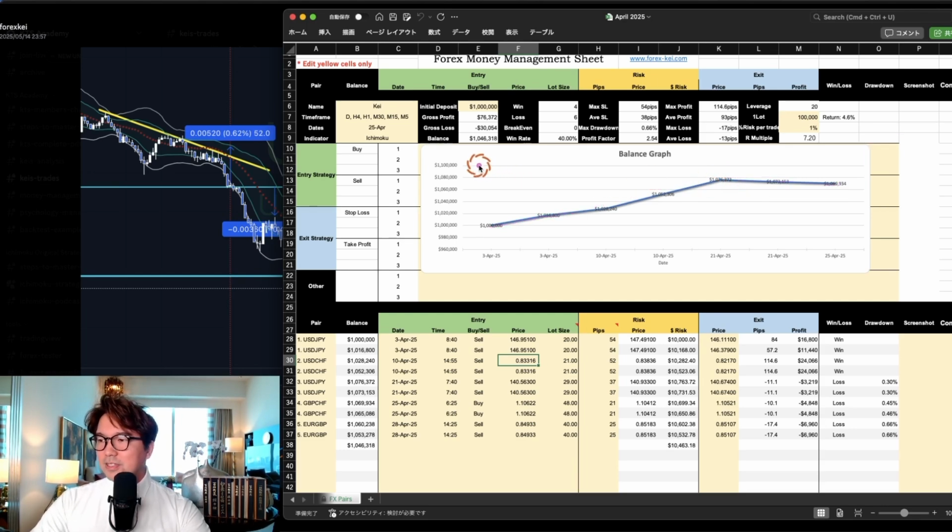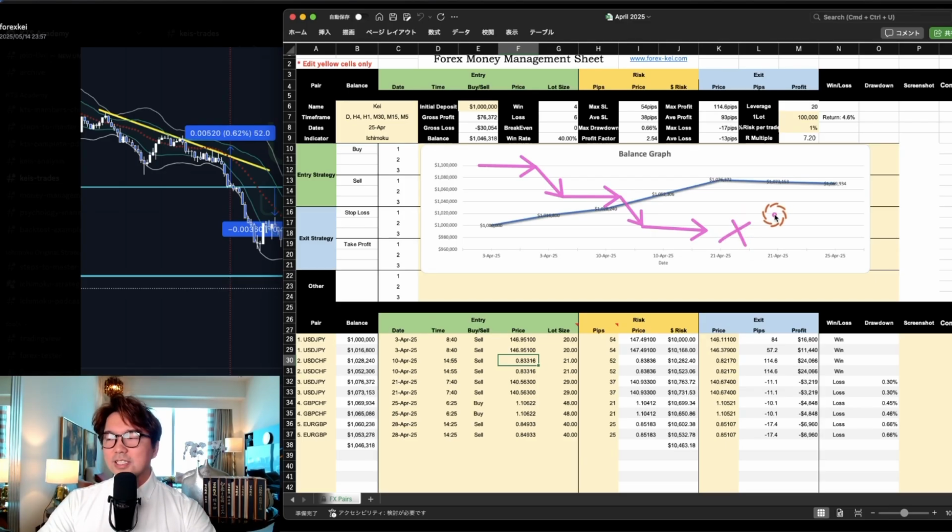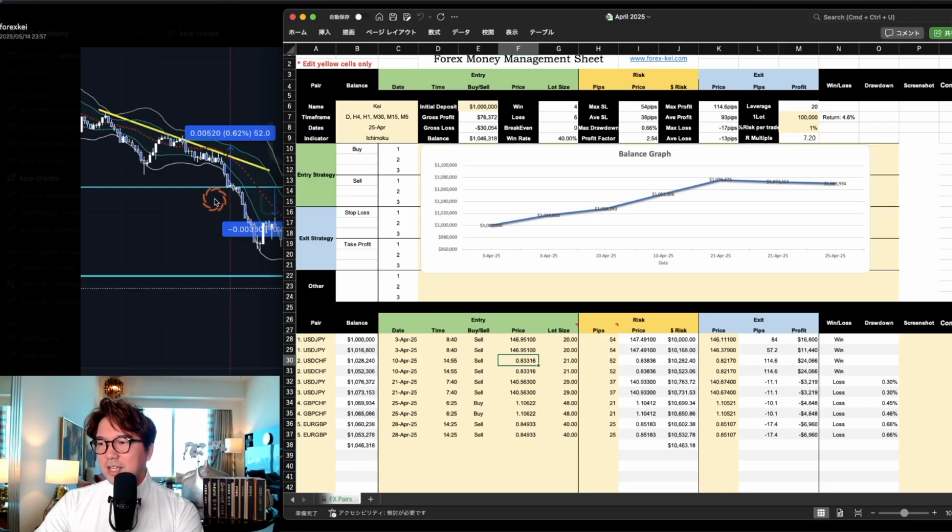If your graph looks like a bearish end wave, that means the more you trade, the more you lose, so you better stop. You can actually see this in backtesting like Forex Tester, or you can see this on this spreadsheet like this graph. So that's how I took my trades in the month of April, and also one of my trades on the 10th April on USD Swiss franc.